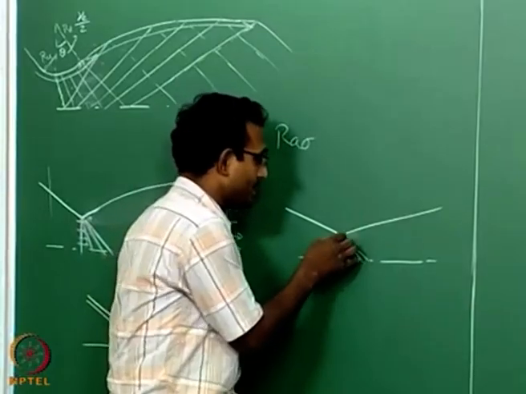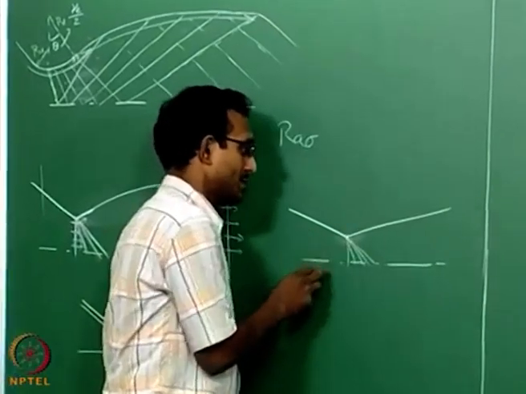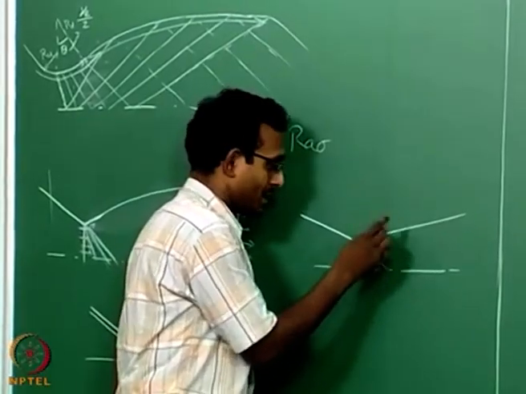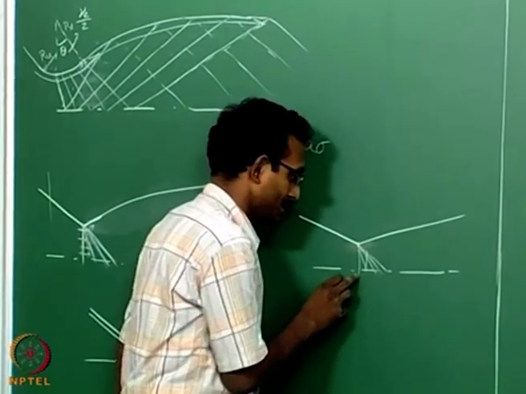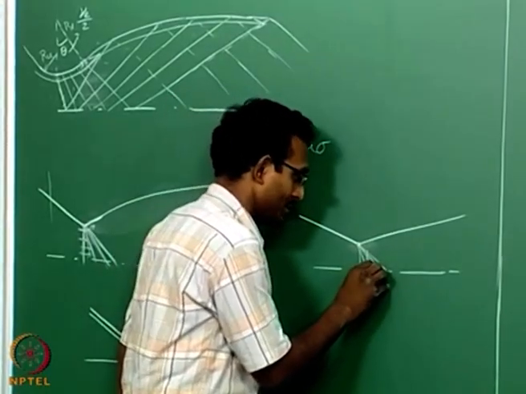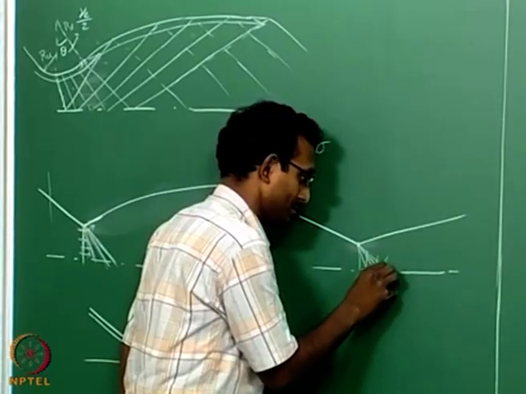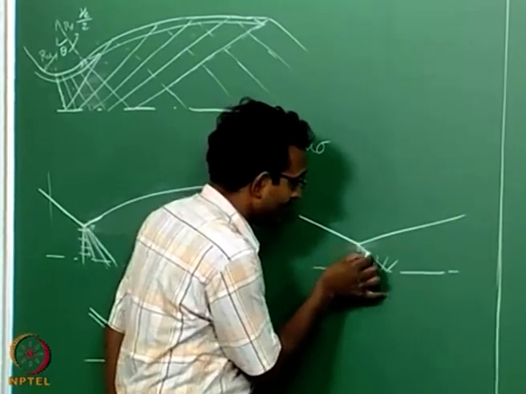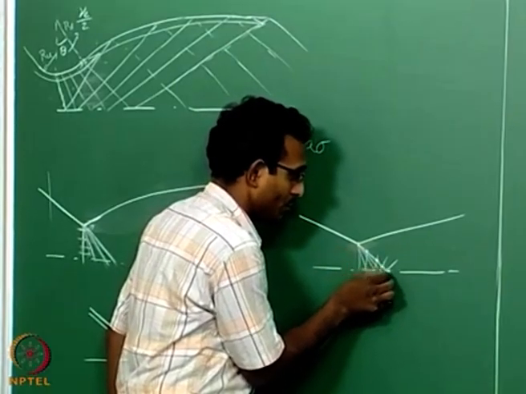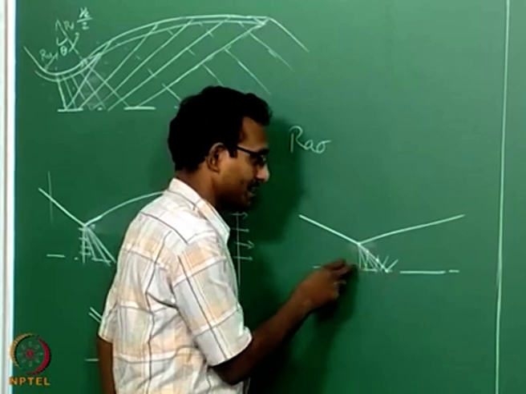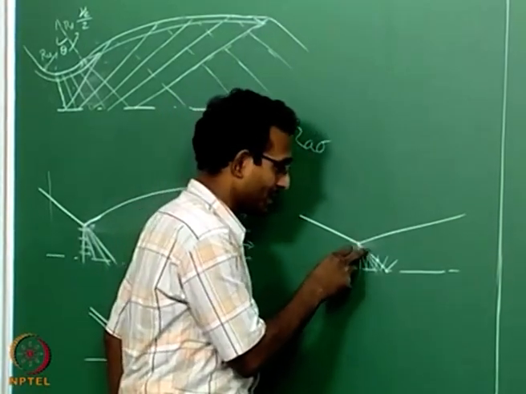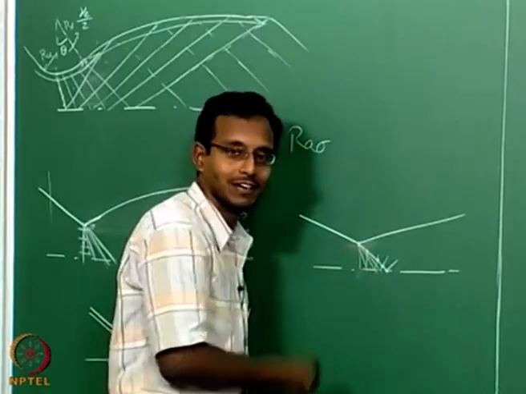However many points I put here, say I put 5 points there, I will have 5 characteristics coming from there. The first characteristic is a useless one, just a straight line. Only the remaining 4 will be useful, and I will finally see that I have 1, 2, 3, 4, 5 points. If I started with 5 characteristics, with the first going vertically down, that is M equal to 1, I will end up with 5 points on my final characteristic.